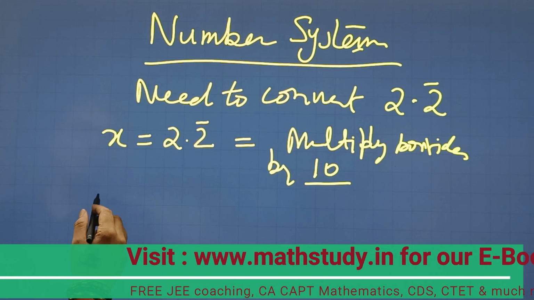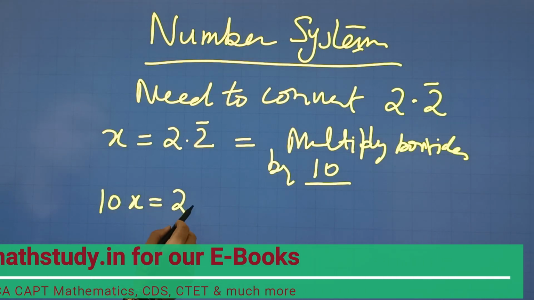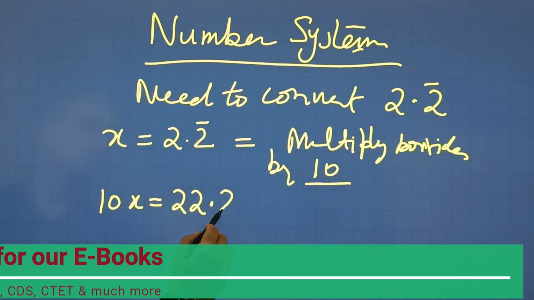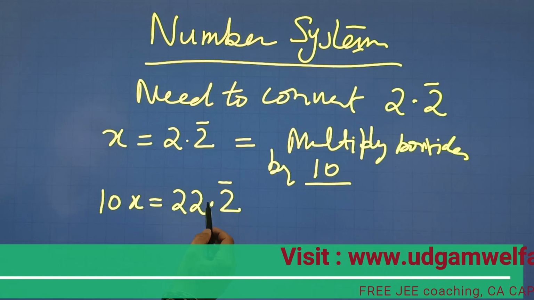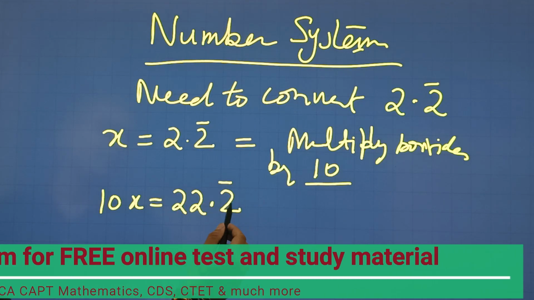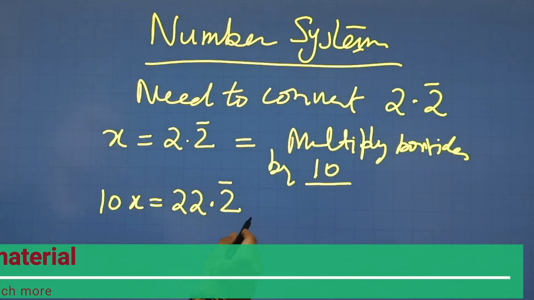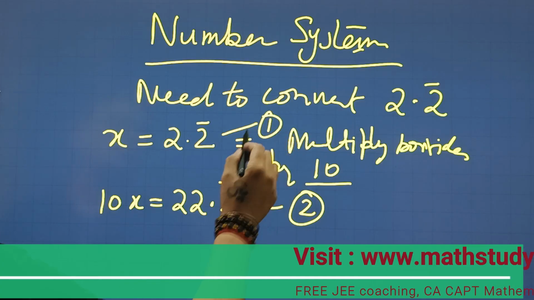So we will get our equation like this: 10x equals 2.2 bar. That means we are getting the same number after the decimal. Here also we have 2 bar, here also we have 2 bar. Now let's take this as the second equation and assume this is the first equation.